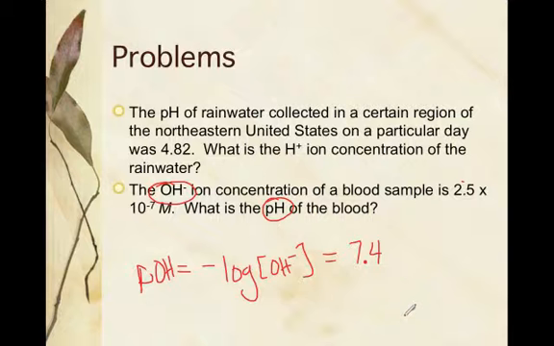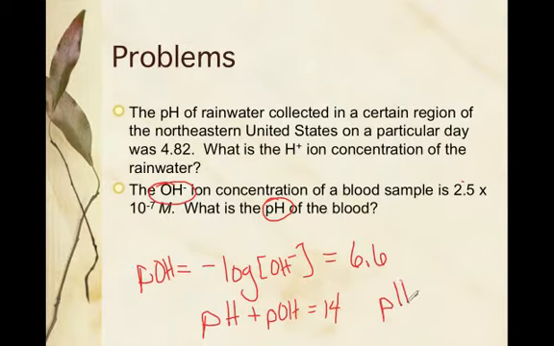So we have to subtract that from 14. Oh, okay. So your pOH is 6.6. So then we can say that pH plus pOH is equal to 14. So if we plug 6.6 in for pOH, 14 minus 6.6 makes our pH 7.4.